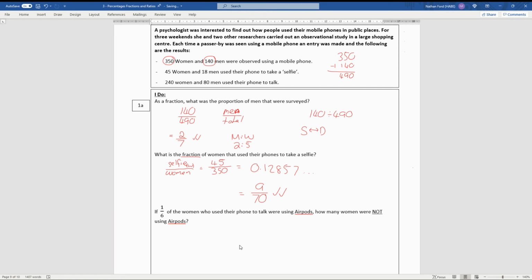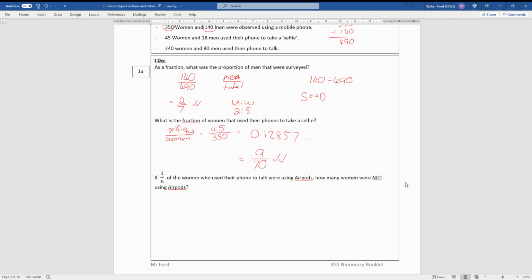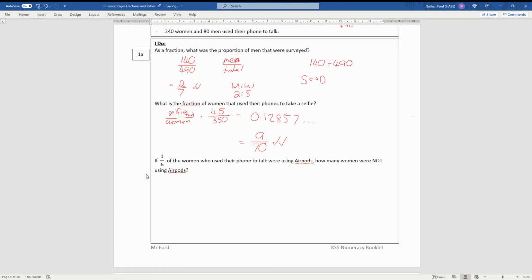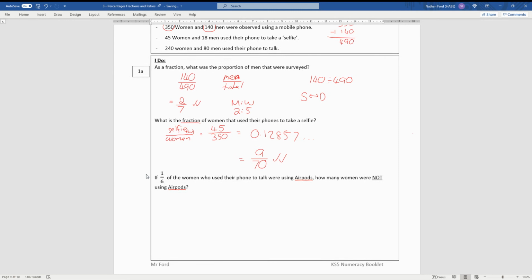Last question here. If 1/6 of the women who use their phone to talk were using AirPods, how many women were not using AirPods? So there's two ways we can do it. Now I'm going to show you the nice, easy way that uses what we have.